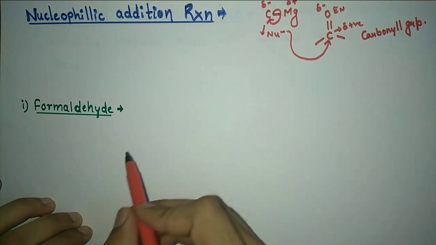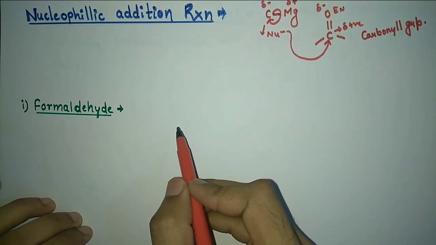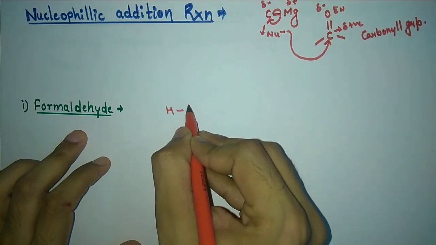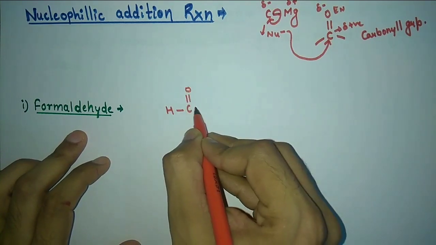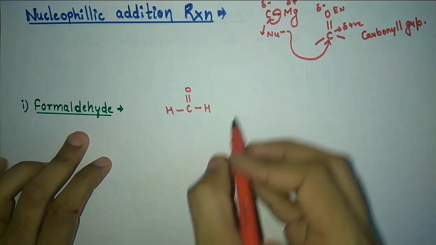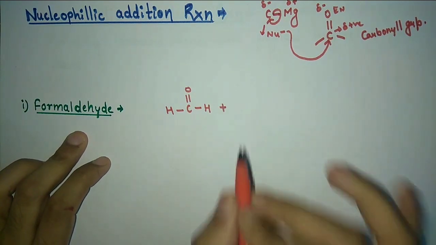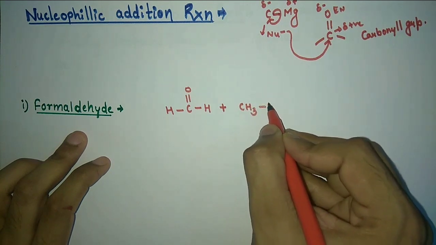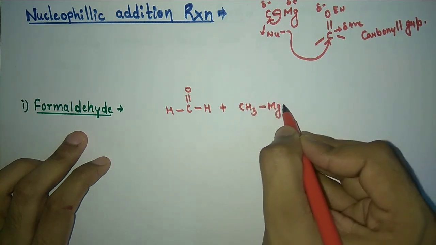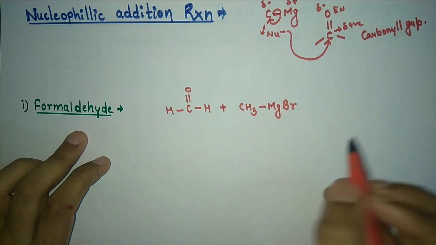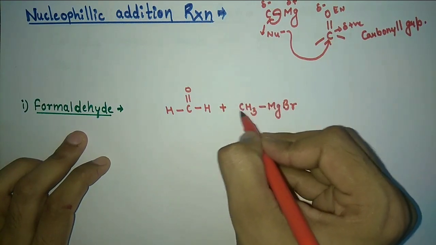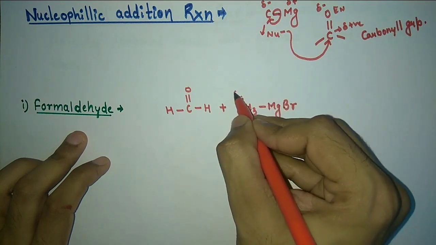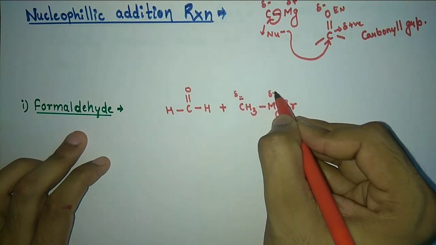Now this is the first reaction, in which Grignard reagents react with formaldehyde. What is formaldehyde? HC double bond O H. What happens when it reacts with a Grignard reagent? Let us suppose we have taken CH3MgBr, the simplest Grignard reagent. I have told you that this carbon atom behaves like a nucleophile, with partial negative charge, and the magnesium has partial positive charge.